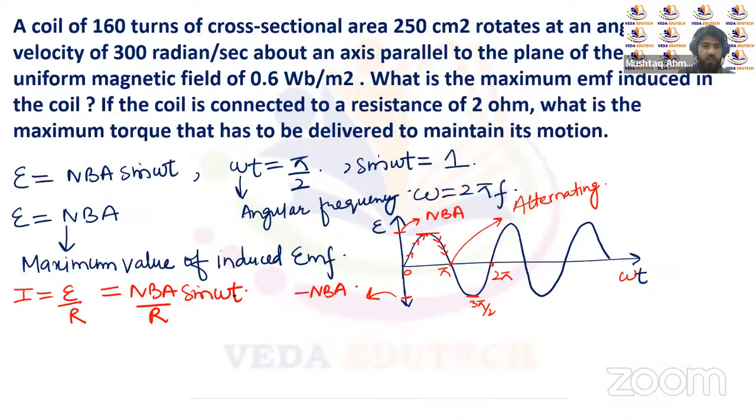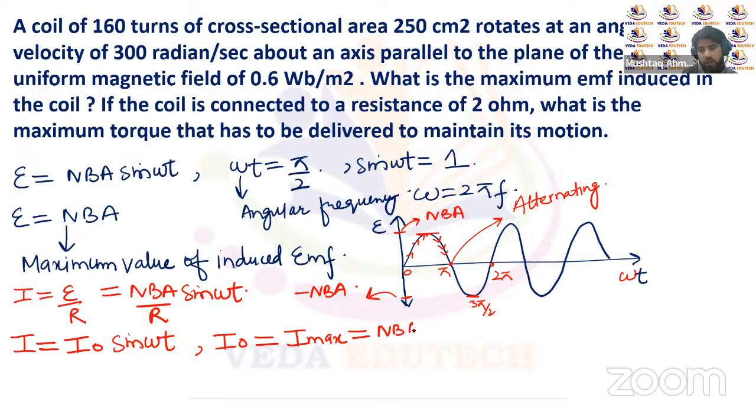NBA upon R will be the maximum value of this current, so I is equal to I naught sine of omega t, where I naught is the maximum value of the current, I max, which is NBA over R. This is the maximum value of the current for this circuit.